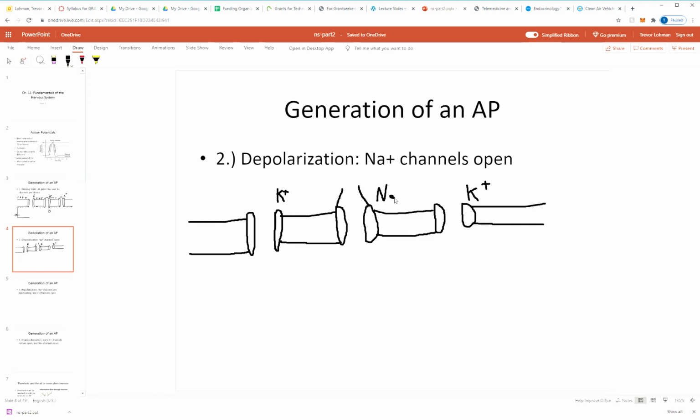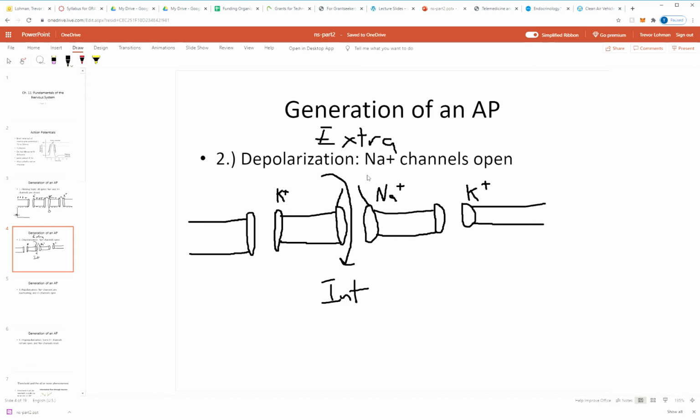It's also highly concentrated outside of the cell. So this is outside. We'll call this extracellular up here. It is very hard to write with the mouse. Extracellular and intracellular. So there's a lot of sodium outside. When this channel opens, sodium rushes down its concentration gradient.